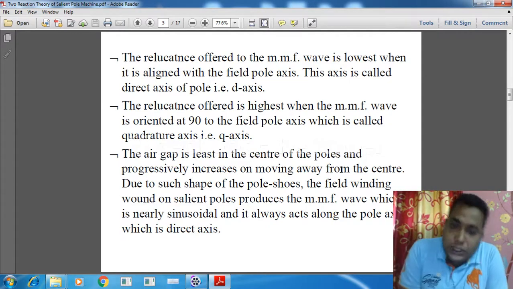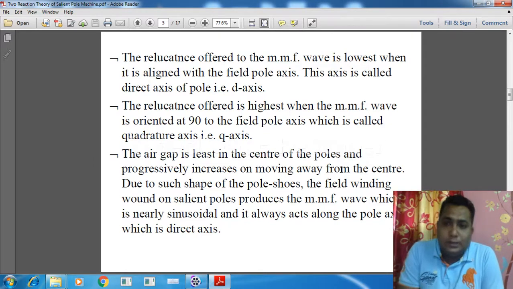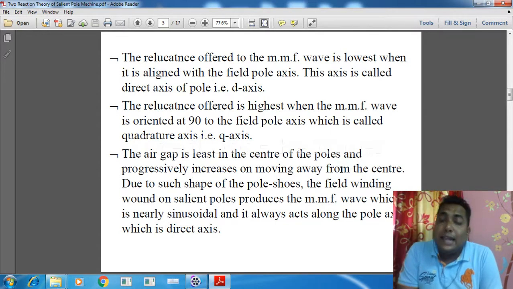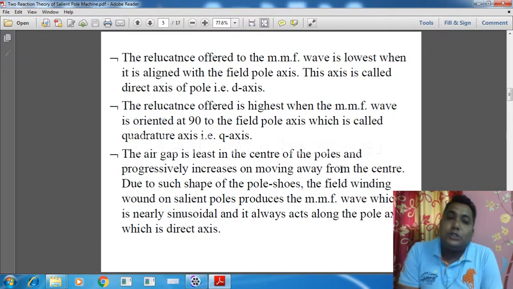The reluctance offered to the MMF wave is lowest when it is aligned with the field pole axis. Definitely, as the air gap is very small, and this axis is called the direct axis of the pole, that is the D axis. The reluctance offered is highest when the MMF wave is oriented at 90 degrees to the field pole axis, which is called the quadrature axis or the Q axis.